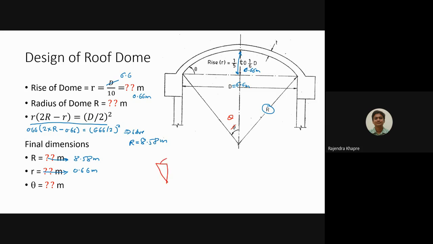This is nothing but D by 2, that is half of the diameter, and this much length is nothing but the radius minus small r, that is the rise of the dome. So from this, can you calculate the value of theta? How much is coming? Yes, anybody?